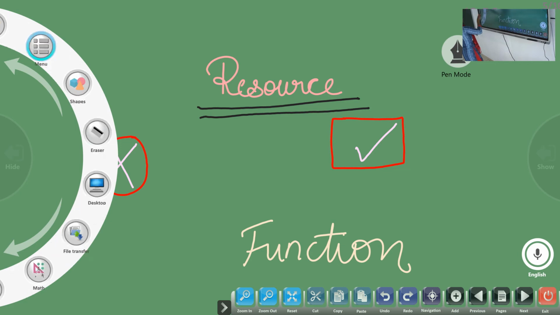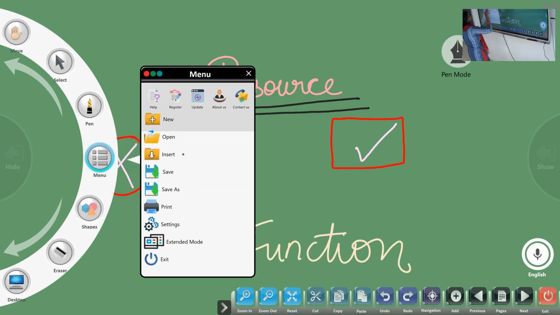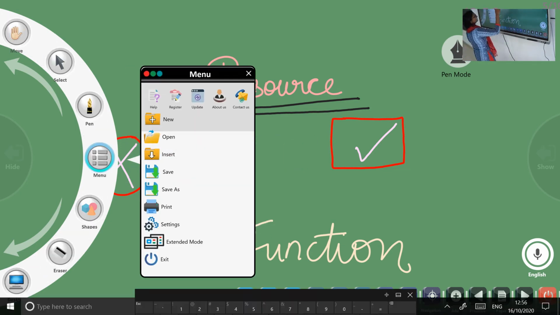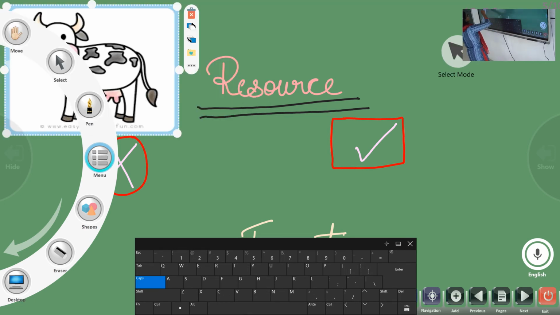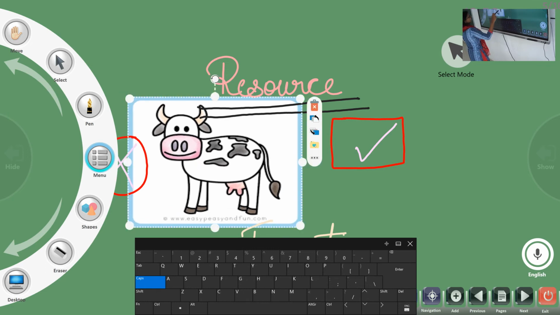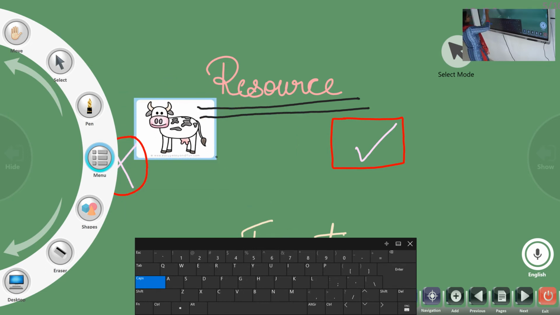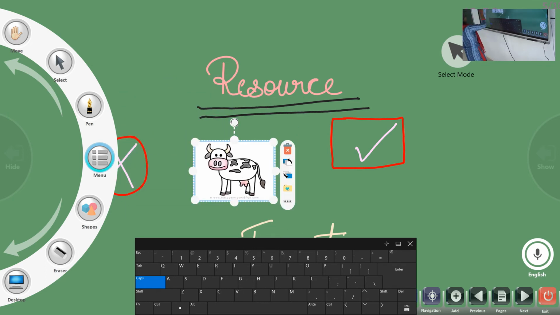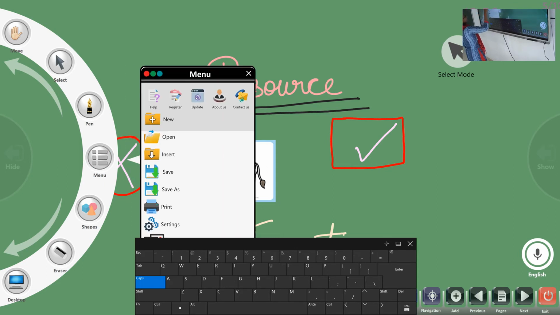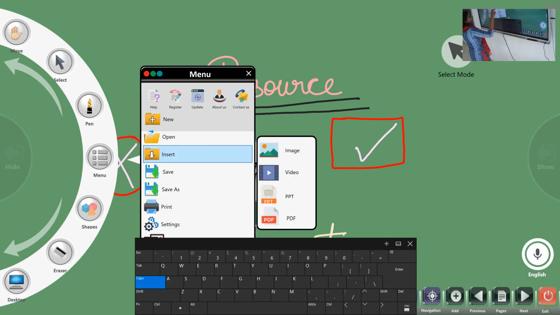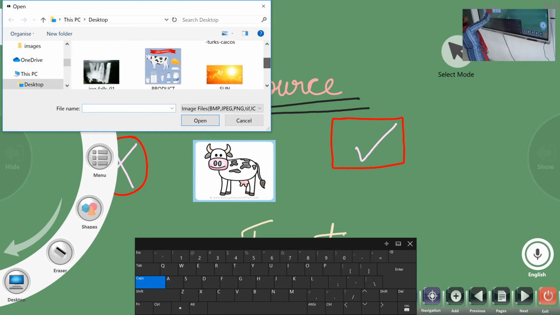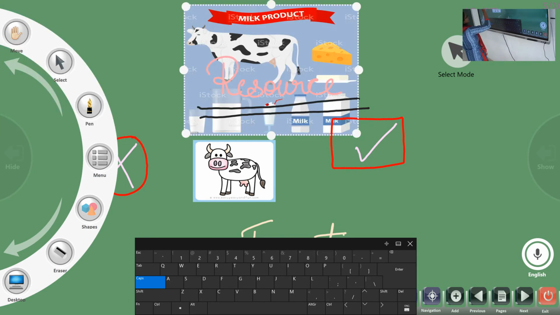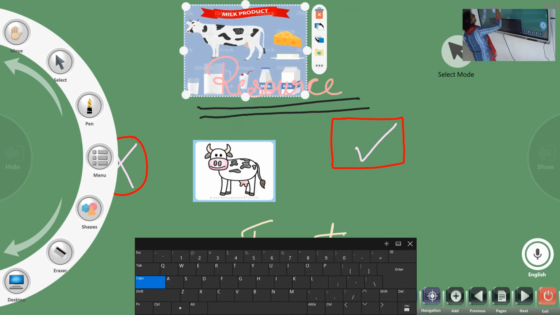Another example. I'll give you another example. Okay, that is a cow. And what does a cow do? Is a cow a resource? Yes. Why?